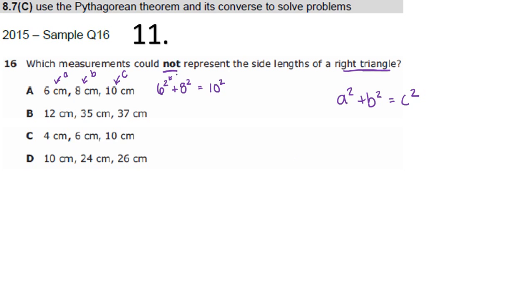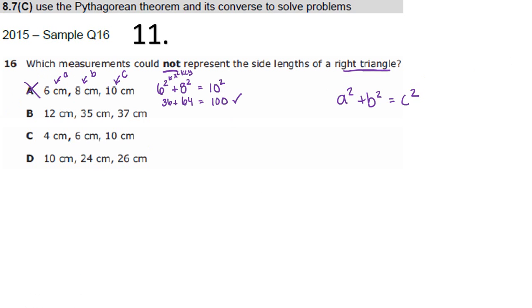Make sure you use your x squared key. 6 squared should be 36. 8 squared is 64. If I add those together, I want to see if I get 10 squared, which is 100. Now you tell me, are these the same? Yes, they are the same. Now, if they're the same, then this is not my answer because I want the one that's not the side lengths.